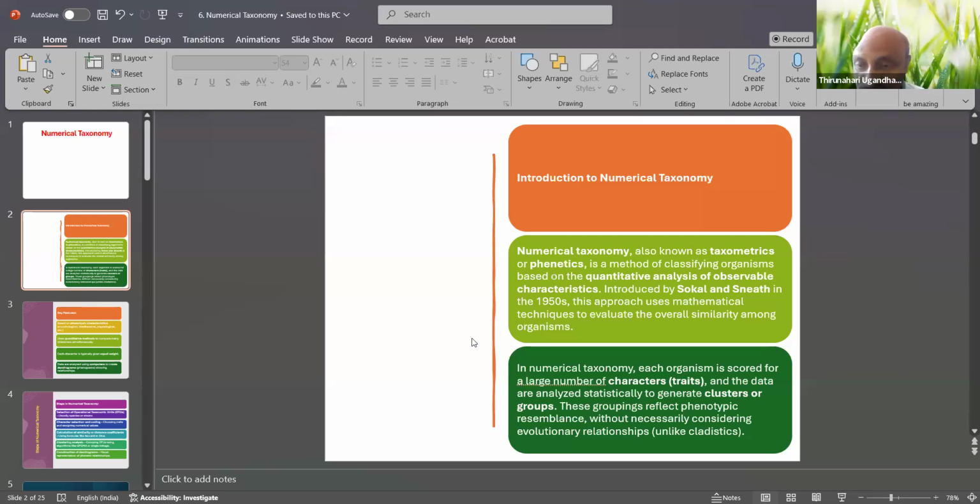This approach uses mathematical techniques to evaluate the overall similarities among organisms.